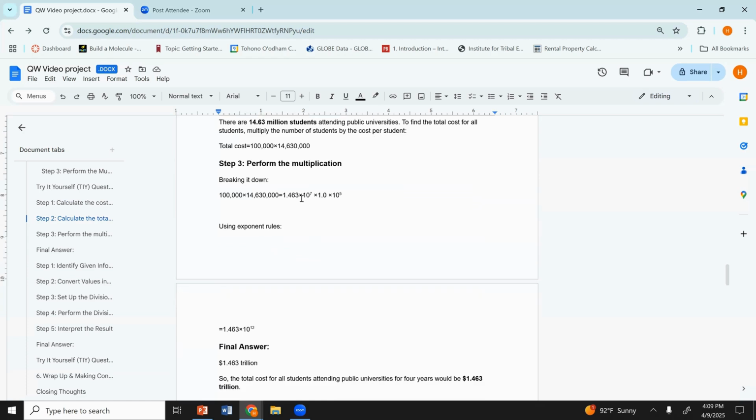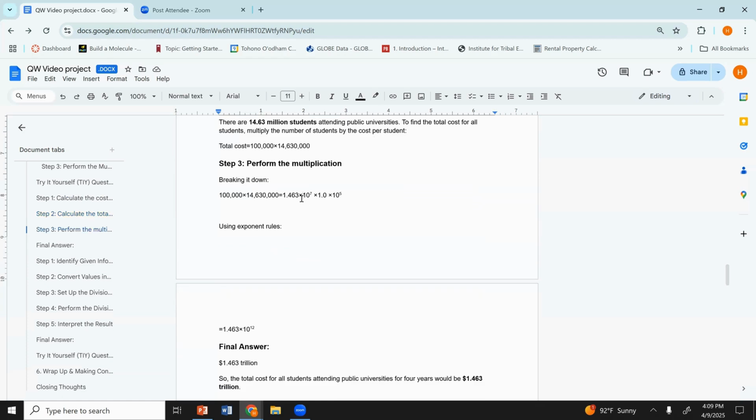But this is even a simpler way of estimating without using a calculator, because once you use these exponentials, you can easily multiply 1.46 times 1, right? Easily. And then the exponential will just add 5 plus 7, which is going to be 12.